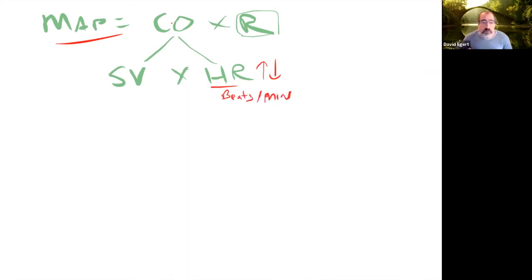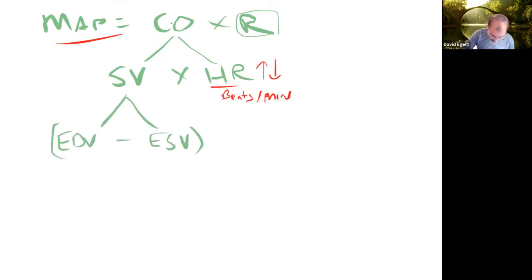Stroke volume, however, we're going to have to go deeper into. Stroke volume, we just said, is going to be end diastolic volume minus end systolic volume. So if we want to adjust stroke volume, we can do two things. If we want to increase stroke volume, we can either increase this or decrease that, right?